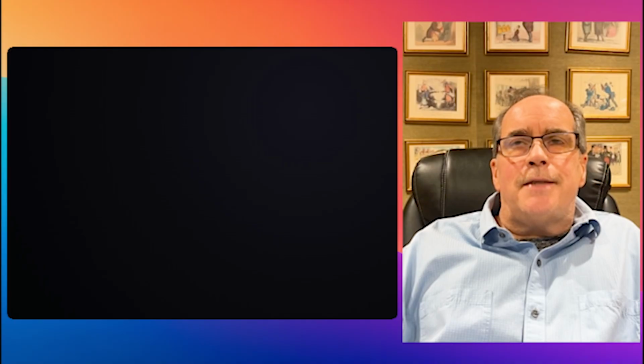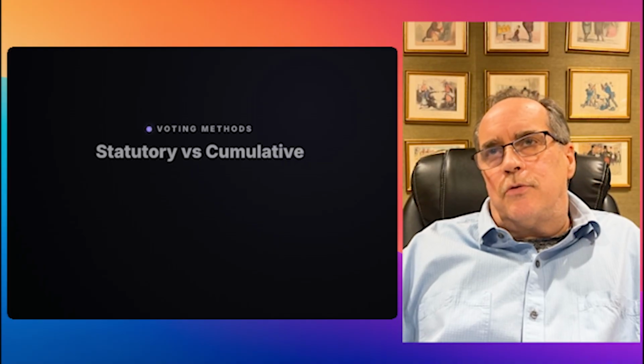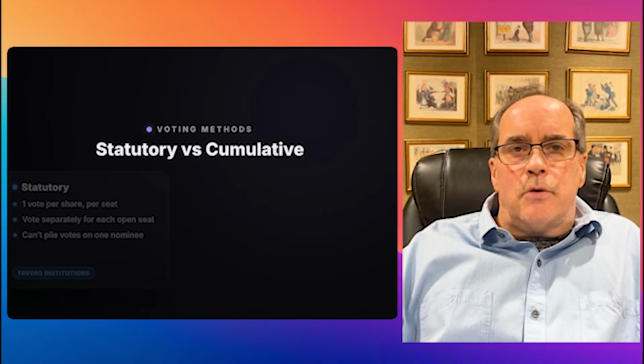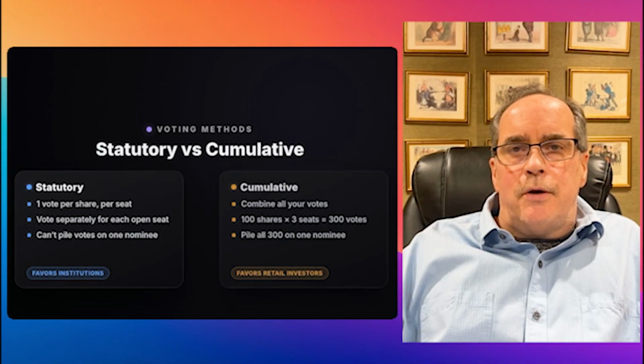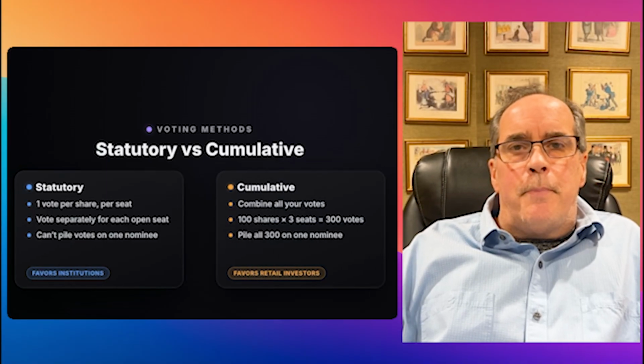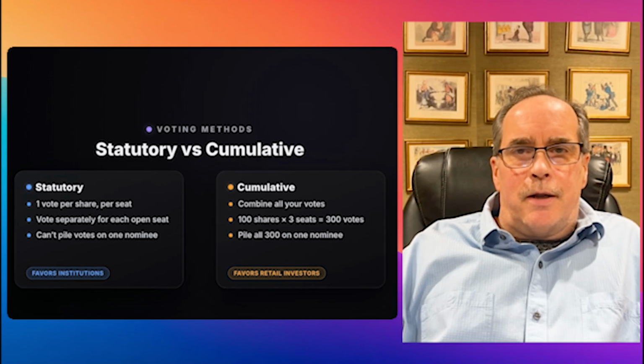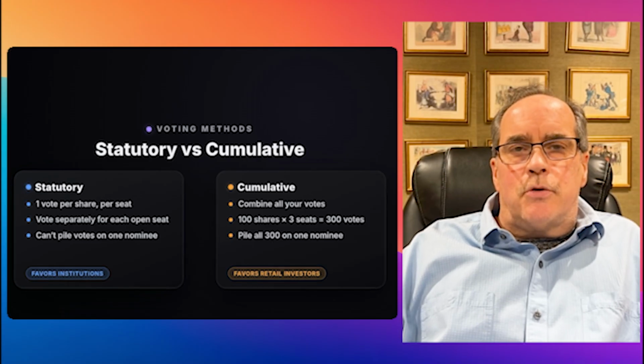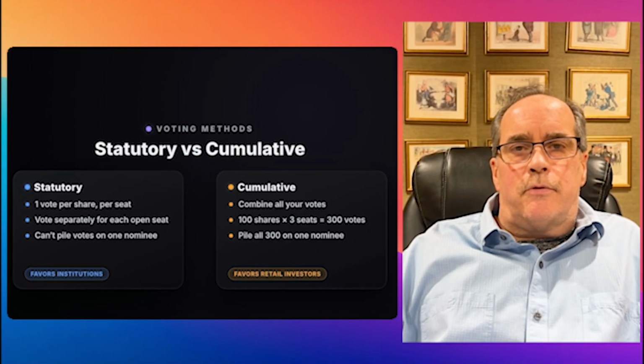All right, so next, what are the different kinds of voting shares we have? On the test: statutory versus cumulative. Statutory shares are, if you have one share, you get one vote. At a board of directors meeting, there might be 3 new open board seats and 10 people running for those seats. If it's statutory, you get one vote for each seat. You get to vote for one person for each of those seats.